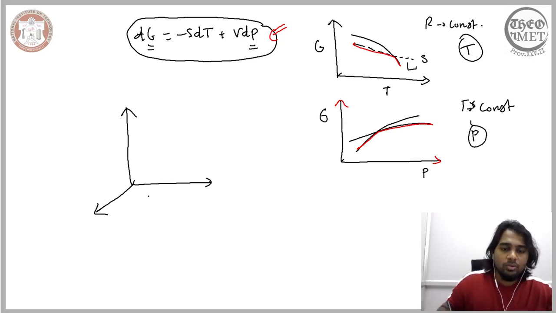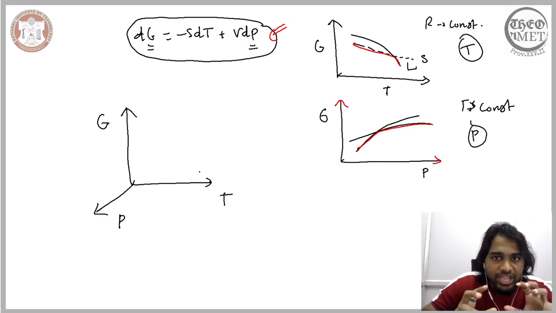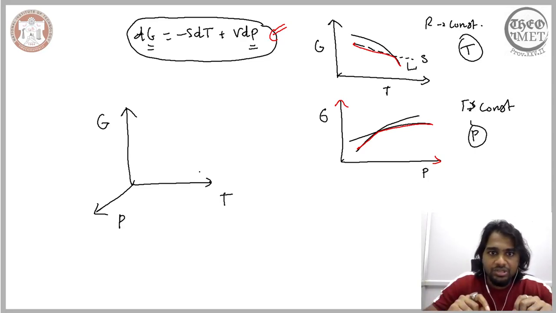So when we go for a three-dimensional representation, that is pressure, temperature and Gibbs free energy, what we are essentially considering is the change in the Gibbs free energy not with respect to temperature or pressure alone, but the combination of both.